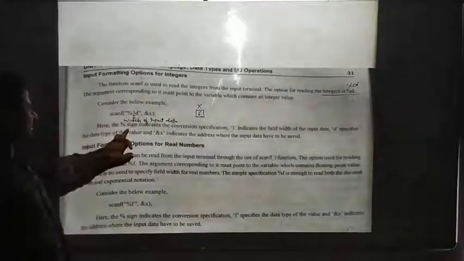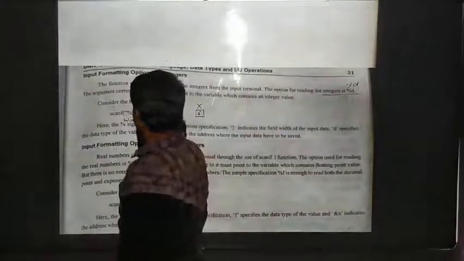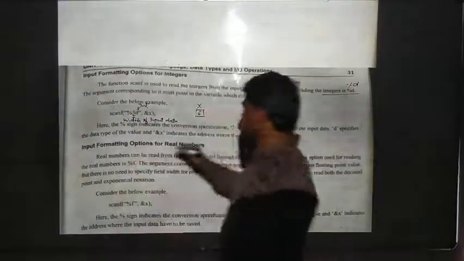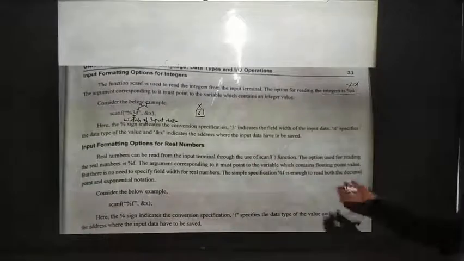The percentage sign indicates conversion specification, with the field width of the input data. d specifies the data type, integer data type, of the value, and x indicates the address where the input data has to be stored. Now, input formatting options for real numbers.